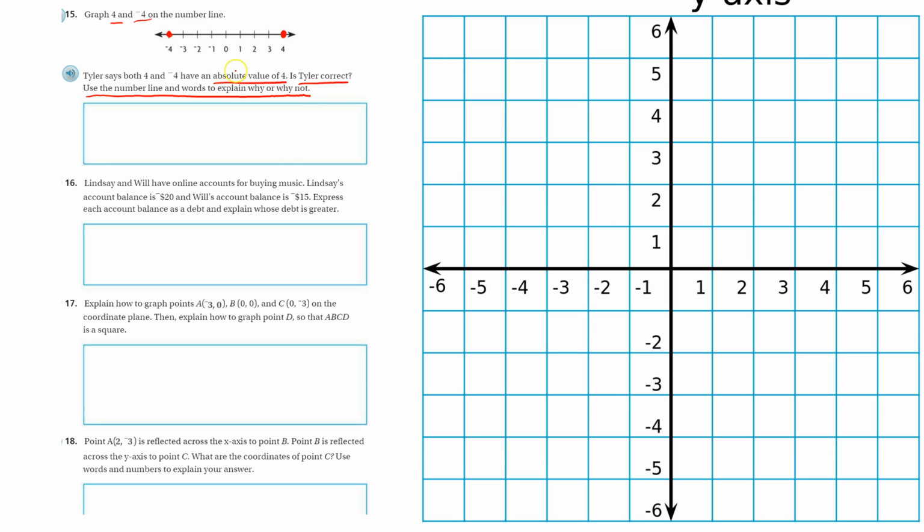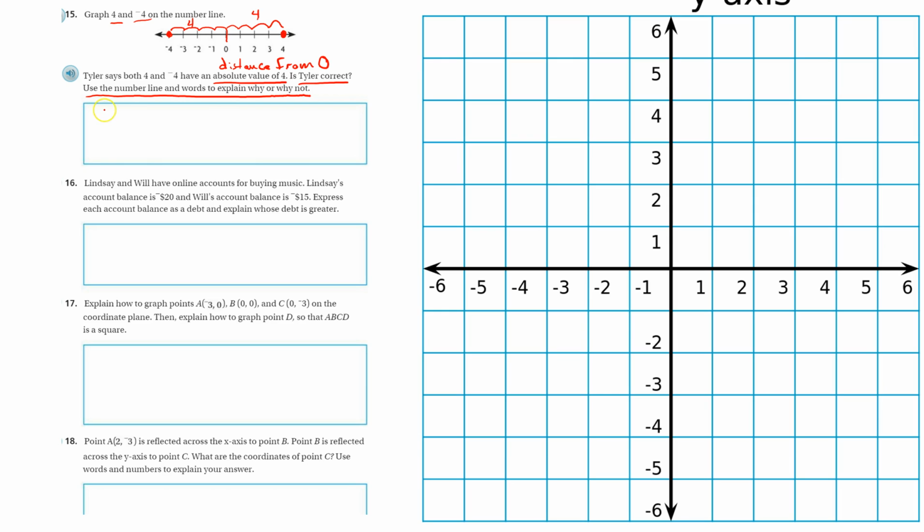Well, remember, absolute value just means distance from 0. So, let's see. Here's 0. 4 is 1, 2, 3, 4 away from 0. And negative 4 is 1, 2, 3, 4 away from 0.